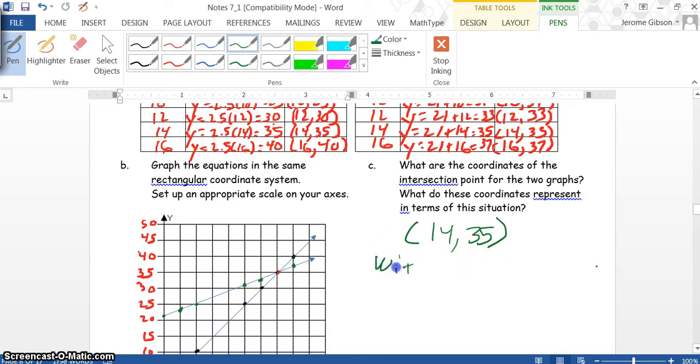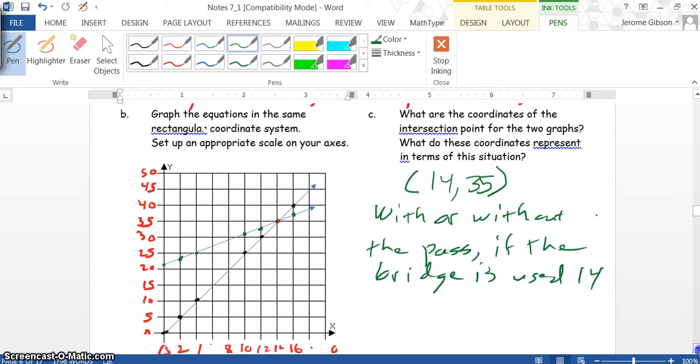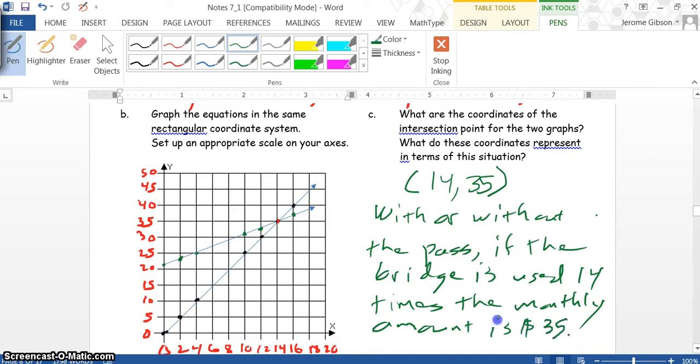So you could say with or without the pass, if the bridge is used 14 times, the monthly amount is $35. And that is the final answer.